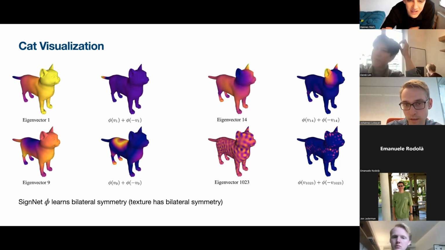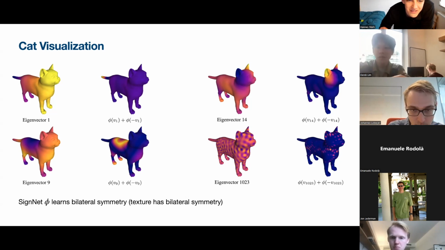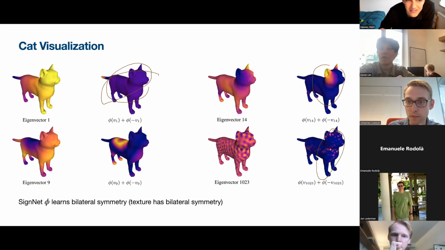If we look at eigenvectors with higher frequencies, like eigenvector 1, 0, 2, 3, then it's not very similar across the cat. Right, and to me it seems that this is the learned output of the BasisNet.